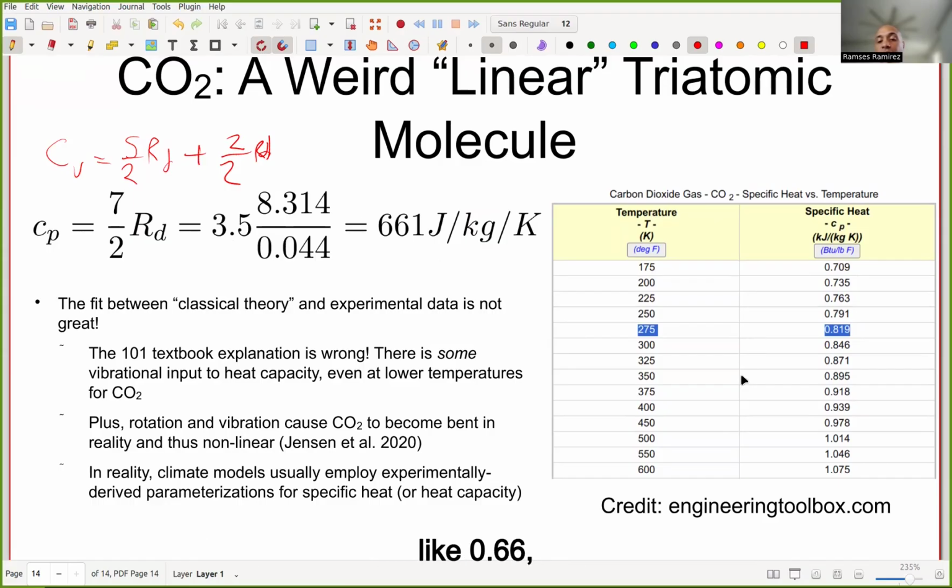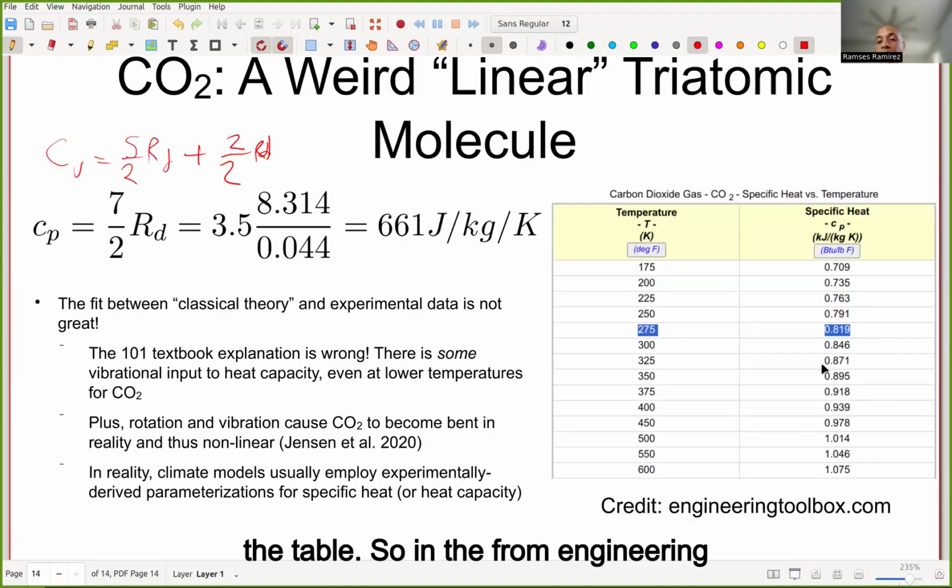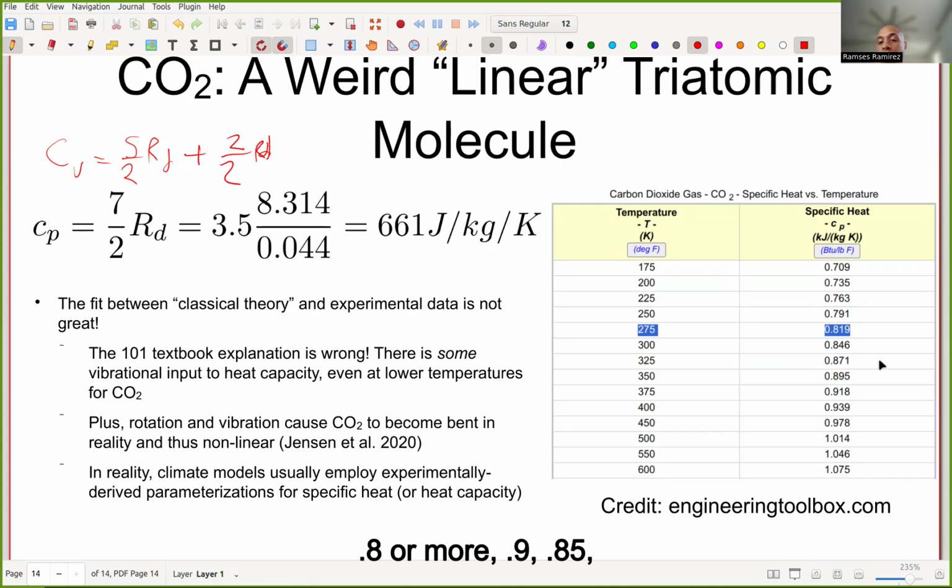And you get something like 0.66 kilojoules per kilogram per Kelvin, which is not coincident with what we have in the table. From engineeringtoolbox.com, they get values more like 0.8 or 0.9, 0.85, 0.87, depending on the temperature, or less than that, 0.76.